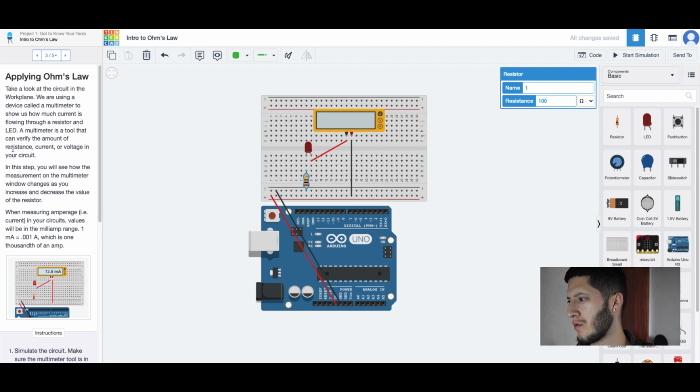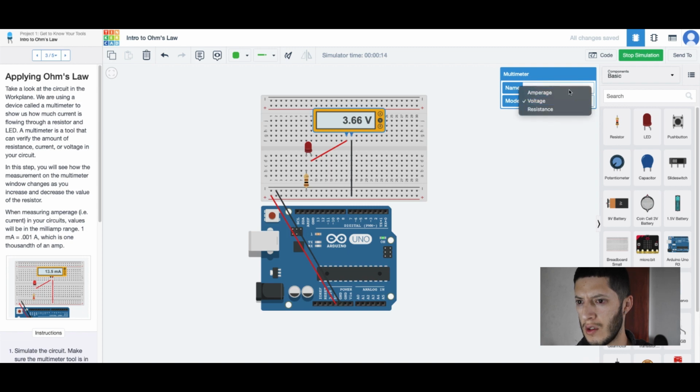Yeah, so it checks resistance, current, voltage. Let's actually simulate it. So that's a lot, right? Also, let's try something out. Volts, resistance, error, volts, mode voltage, amperage.